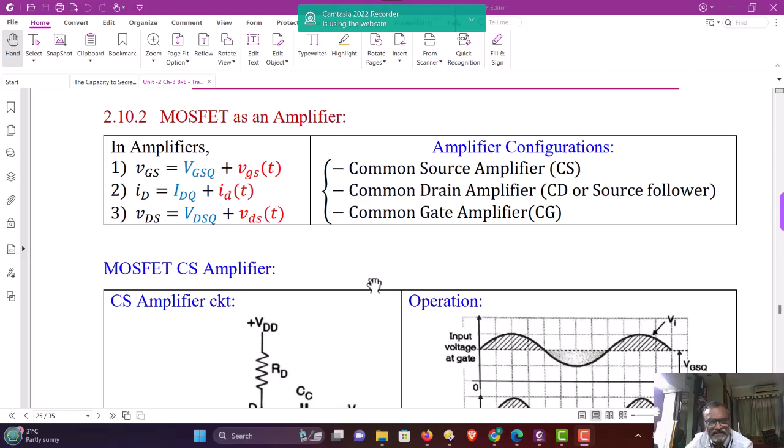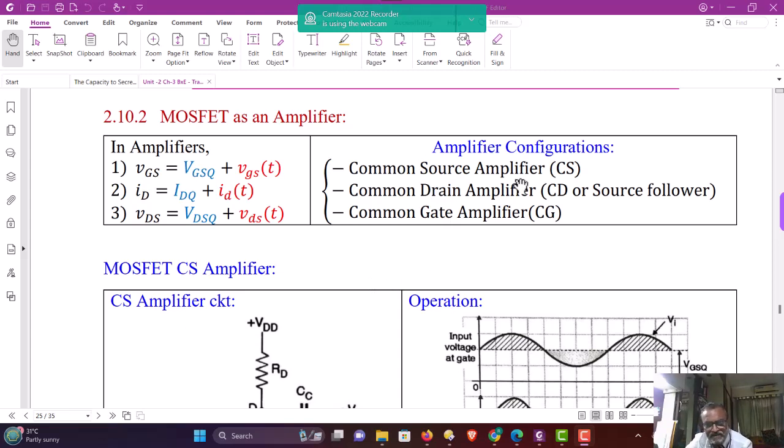Since MOSFET is a three terminal device, if any one of the terminals is made common between input and output circuit, then the configuration is called a common source amplifier if source is common between input and output.